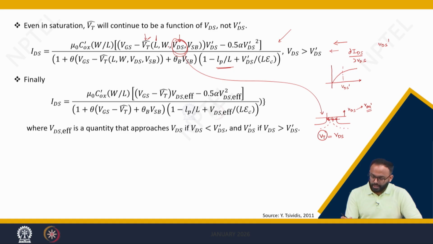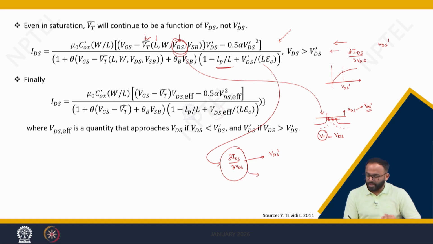The second point you need to take care of is, if I use this equation to solve for delta IDS divided by delta VDS to obtain VDS dash, then it is guaranteed that this equation gives the continuity in the first derivative of current. However, when you go for a second derivative, there is no guarantee that it will be continuous or not, because the transition from non-saturation to saturation is very smooth, and hence instead of using VDS dash, you should replace this with VDS effective.